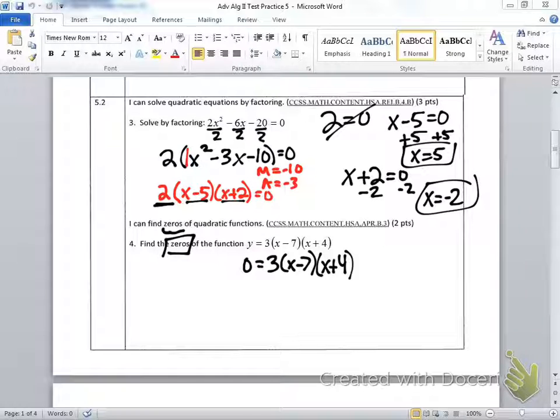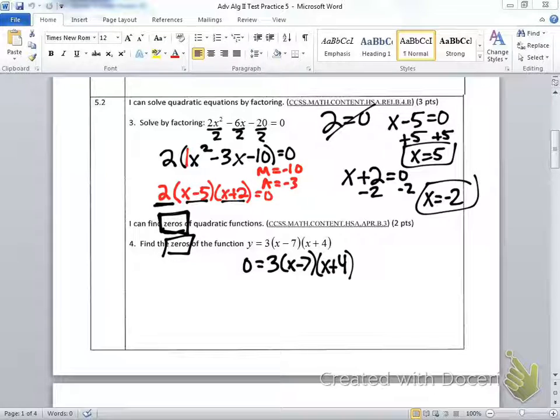All right, back to number 4. Again, when you're finding the zeros or the x-intercepts, you are going to make the y equal to 0 and then solve. Some people also call it the roots of the quadratic. There's lots of different terminology. It basically just means set it equal to 0, solve using the zero product rule.